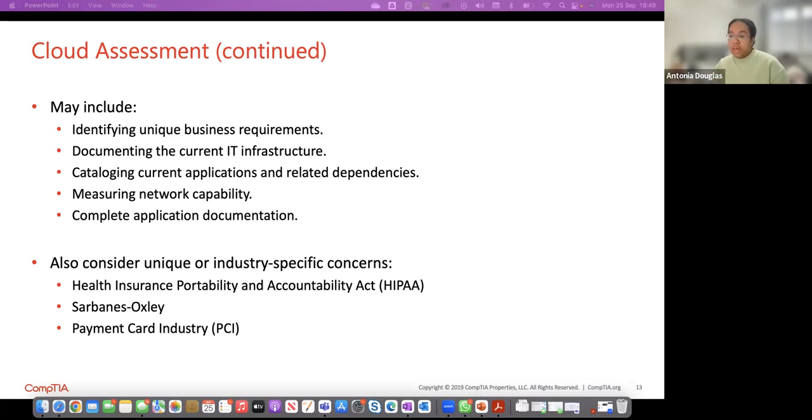For PCI, if your organization maintains PCI information, there are certain requirements you need to meet, and you might be audited on that, which means somebody from an external, third-party organization might come into your business and look at the controls you maintain, and that needs to be built into your cloud design. How are you ensuring that you are managing and protecting this PCI information?